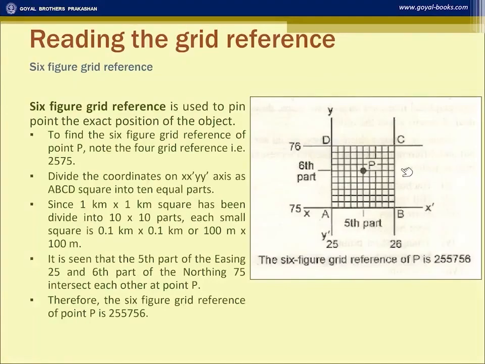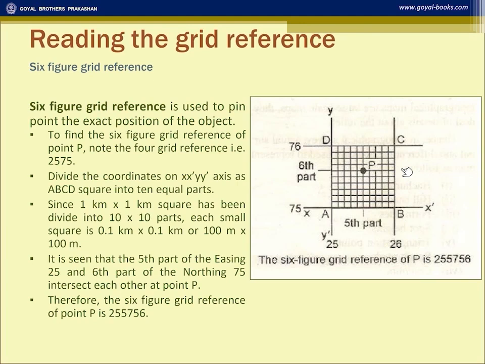To find out the exact position of the point P, we have to study the six-figure grid reference. What is a six-figure grid reference? Six-figure grid reference is given within the four-figure grid reference. For example, here 2575 is the four-figure grid reference of point P.